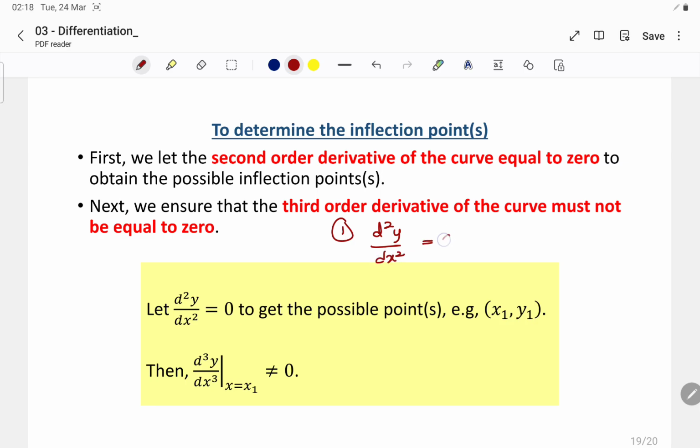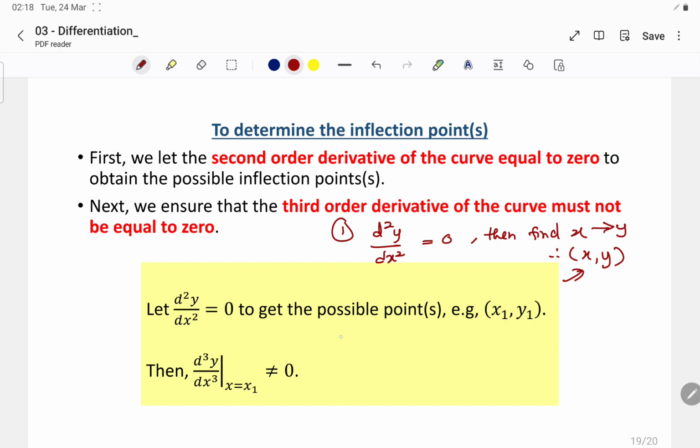And then you let it equal to 0, then find x. After you find x, you're going to get y, so you will get a point x and y. Now you have to check whether this point is an inflection point or not.